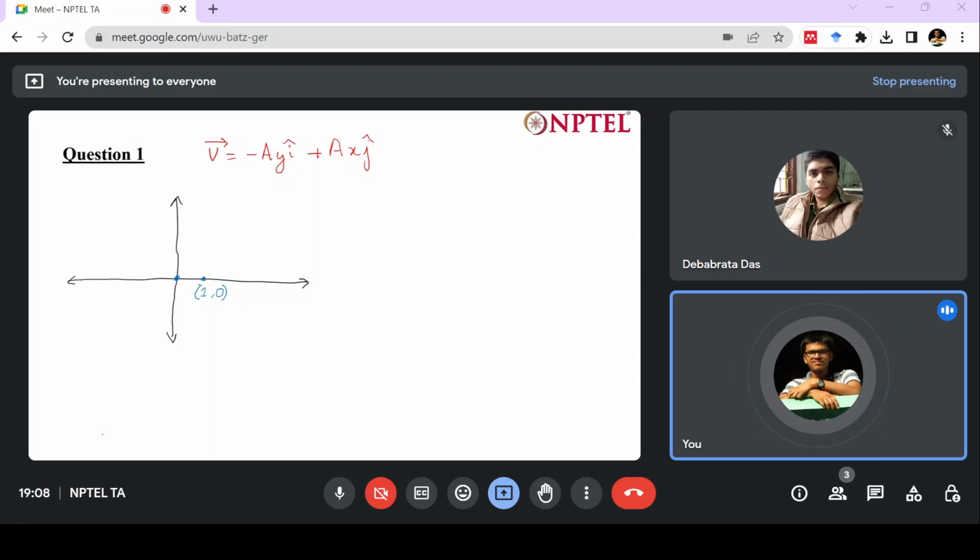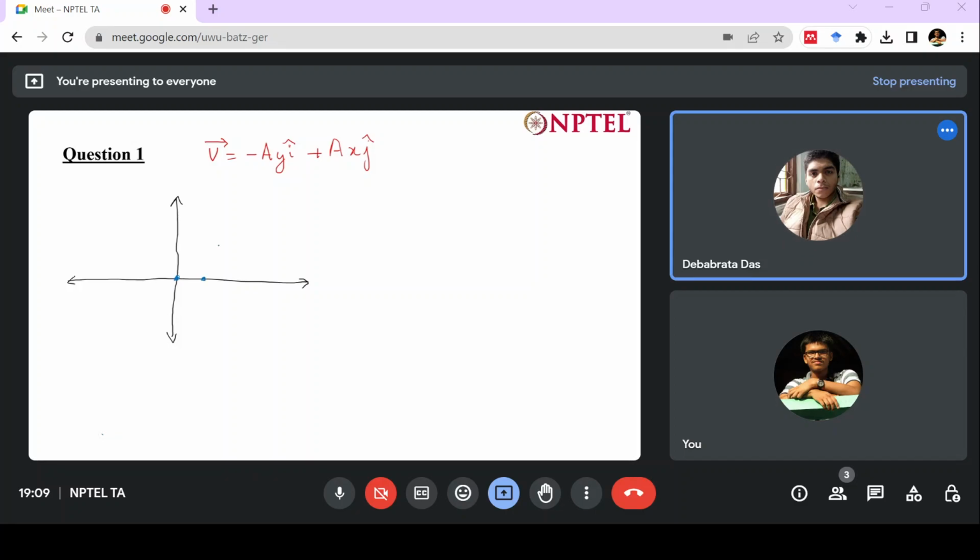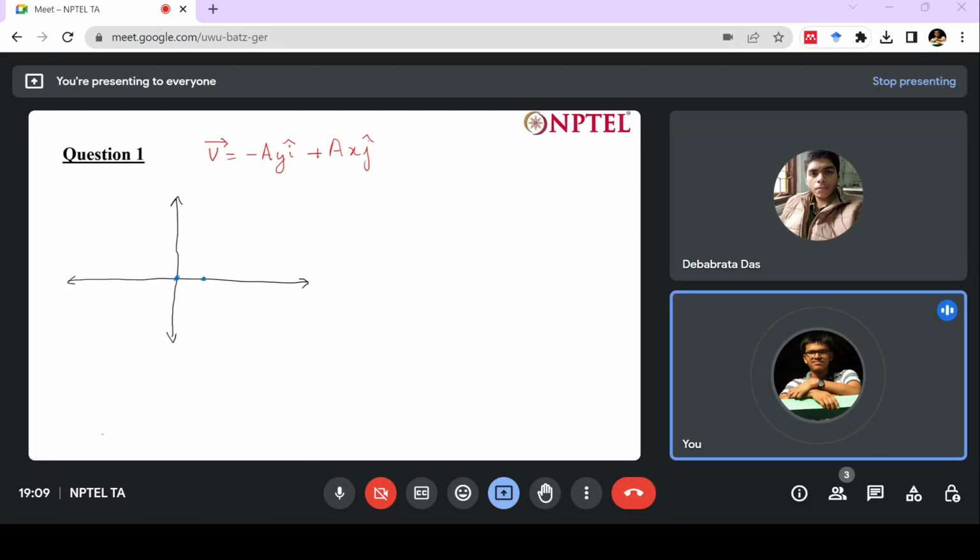What is the velocity field here? If I put x equal to 1 and y equal to 0, we get a x j cap. So if y is 0, then this is 0 i cap plus a j cap.